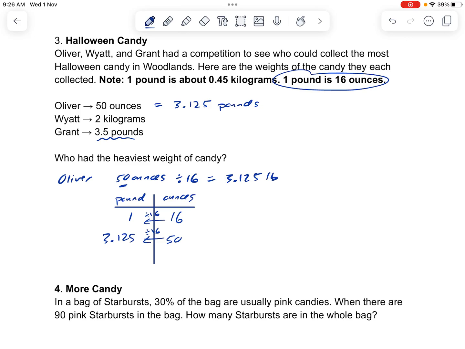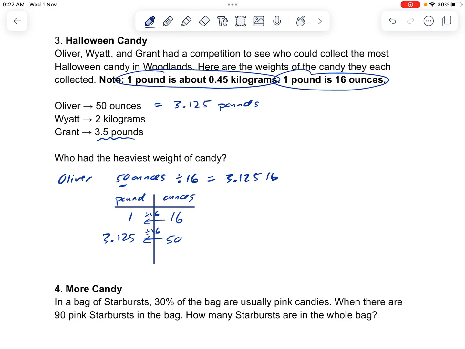So Wyatt is in kilograms. So in this one, what I'm going to have to do is convert the kilograms to pounds in order to do the comparison. So we know that a pound is more than a kilogram.